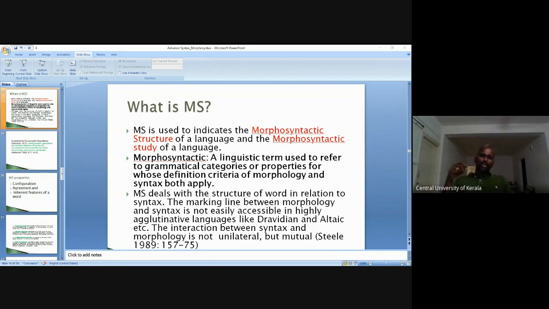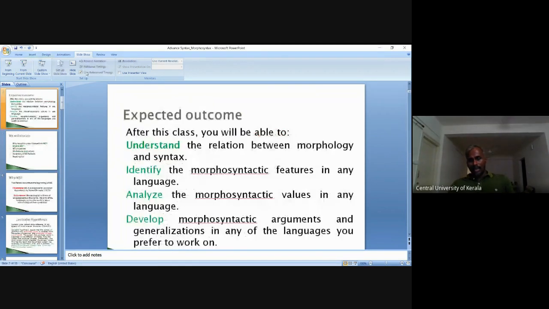Then you should be able to identify the morphosyntactic features, and analyze those features, and then, as an advancement of the discipline, you should be able to develop morphosyntactic arguments, either based on your languages, or, if you want a more theoretical argument, you can collect data from different linguistic databases. Based on that, you can do it.